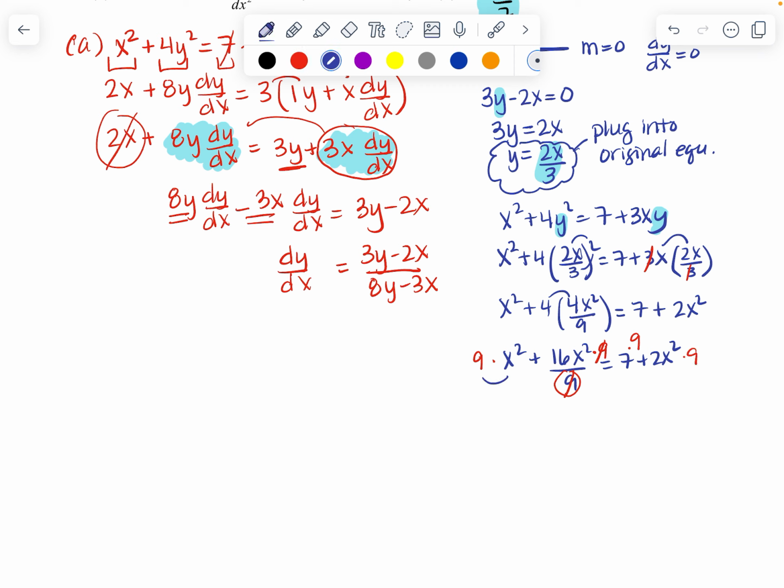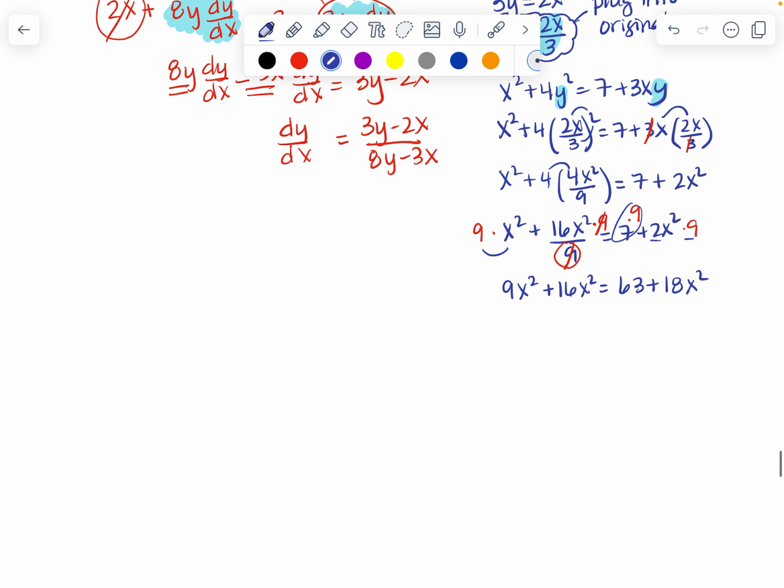It's going to be 9x squared plus 16x squared equals 7 times 9 is 63. And then 2 times 9, that's going to be 18x squared. Okay, let's do a little combining of the like terms. 9x squared plus 16x squared is 25x squared equals 63 plus 18x squared.